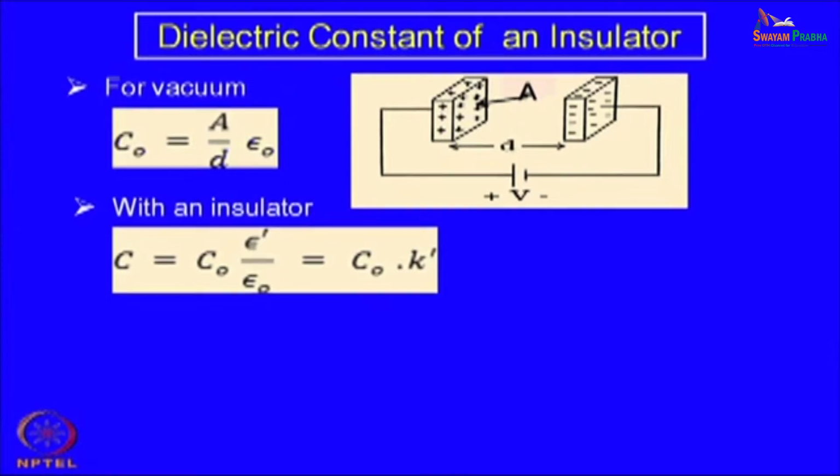However, if we have an insulator, as you have shown in the earlier picture, C changes to the capacitance with the insulating material in place. So, C equals C0 epsilon prime by epsilon naught. Epsilon naught once again is the dielectric permittivity of free space, and it is a constant.